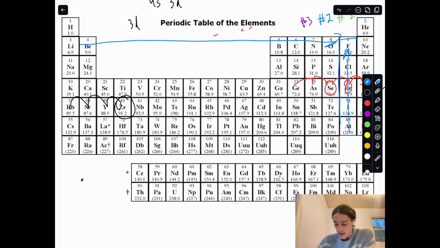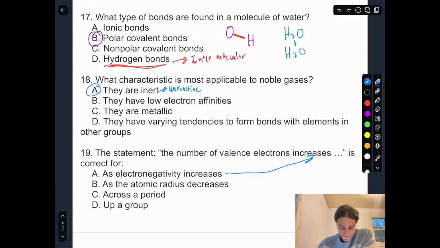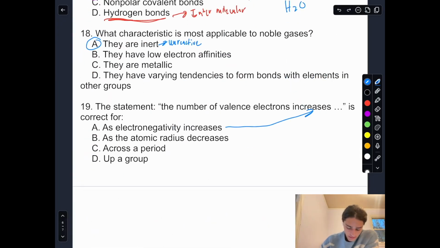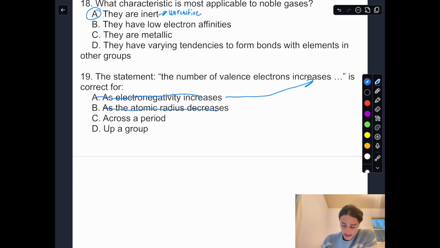Remember that all the elements in a column have the same number of valence electrons. So that's not true. B, as the atomic radius decreases, is also not true for the same reasons as A. C, across a period. Yep, that's going to be the answer. As you go across a period, every element gets an extra electron in the valence shell.